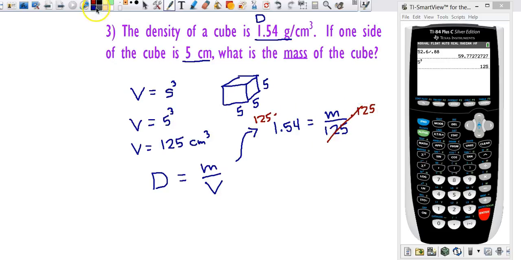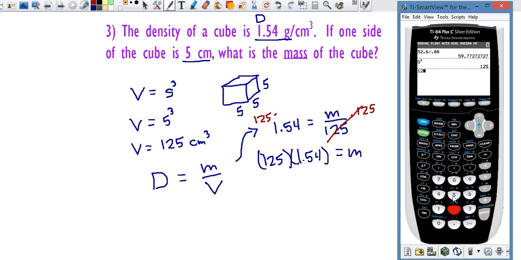And let me write that a little bit nicer. 125 times 1.54 is your mass, and let's see what that comes out to be. So you get a mass of exactly 192.5.